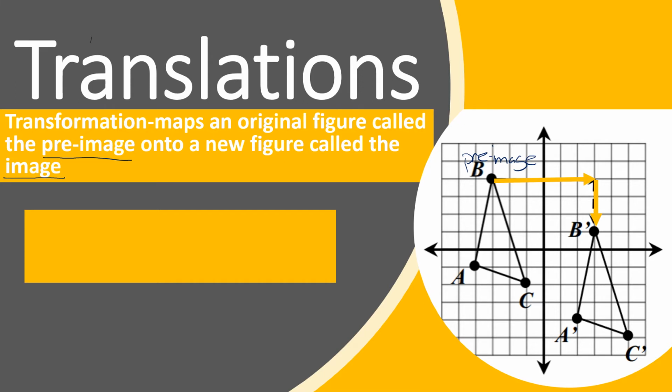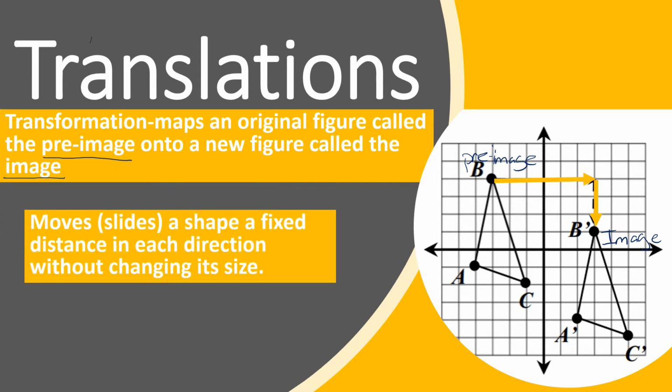And A prime, B prime, and C prime would be the image here. Those little apostrophes, we read as A prime, B prime, C prime. That always denotes your image, or your figure after it has been translated.